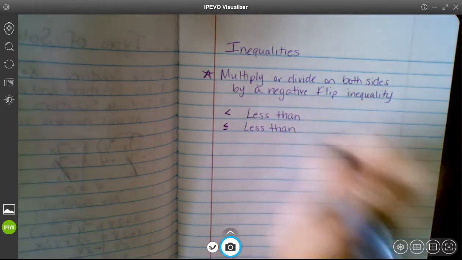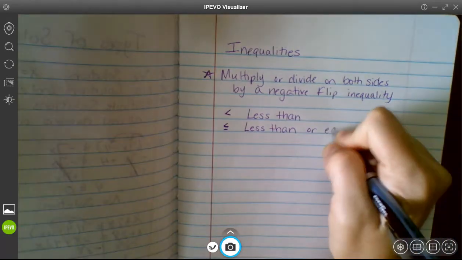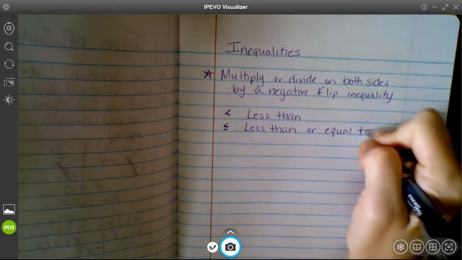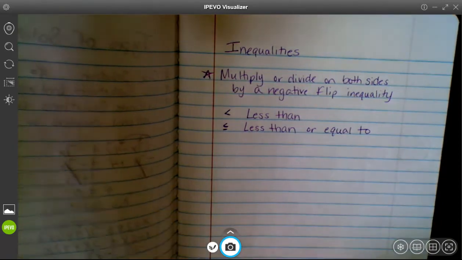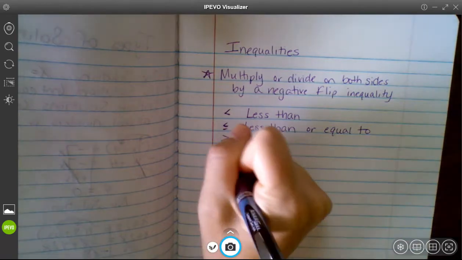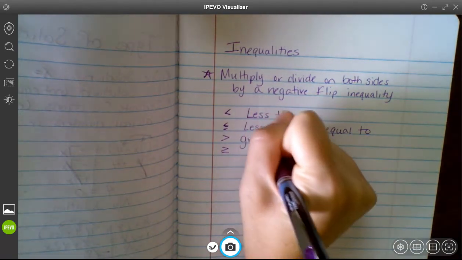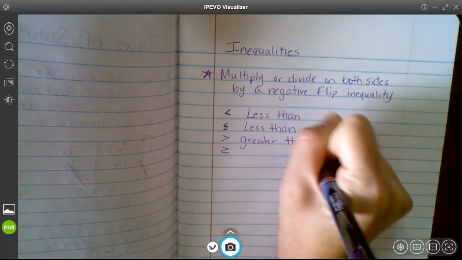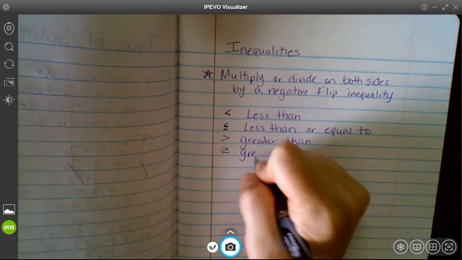But if you notice on this one, it has the bar, so it's less than or equal to. So the less than looks like my left hand. That means the ones that face the other way have to be greater than, or greater than or equal to.